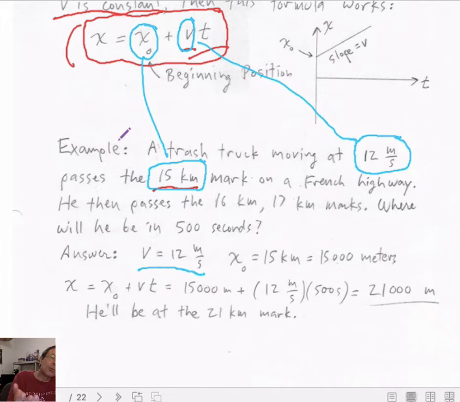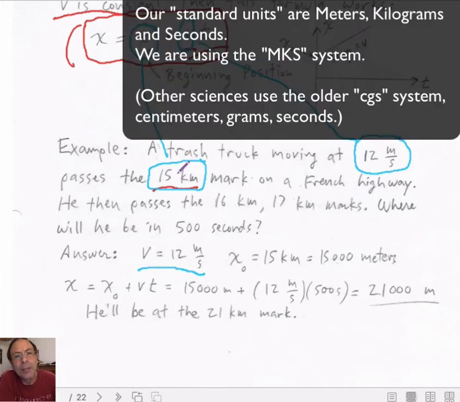In chapter 1, as a reminder, I did say that when we're doing physics problems, one of the preliminary steps is to convert units to the standard physics units. So we don't really want kilometers, we want meters. You have to convert kilometers to meters.